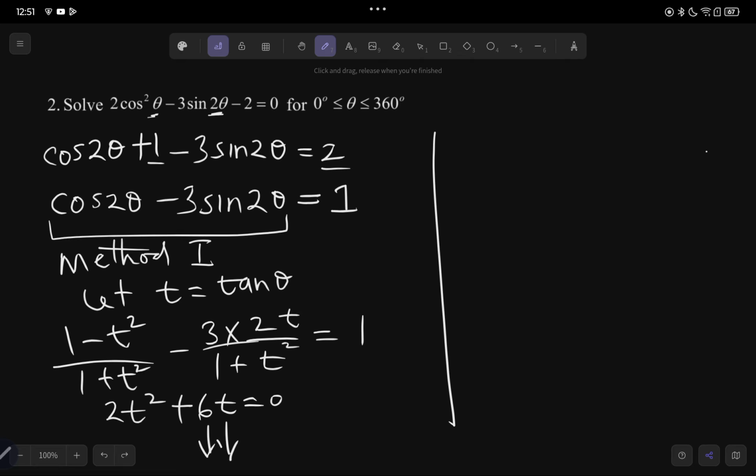Now, what about method 2? For method 2, from this stage here, we can bring in the other form. Since we have a minus here between the two, we can use cos plus. You can say let cos 2 theta minus 3 sin 2 theta be equal to r cos of 2 theta plus beta.